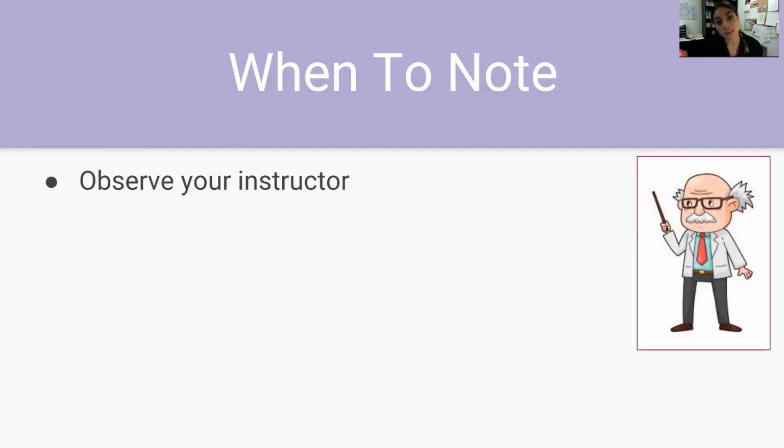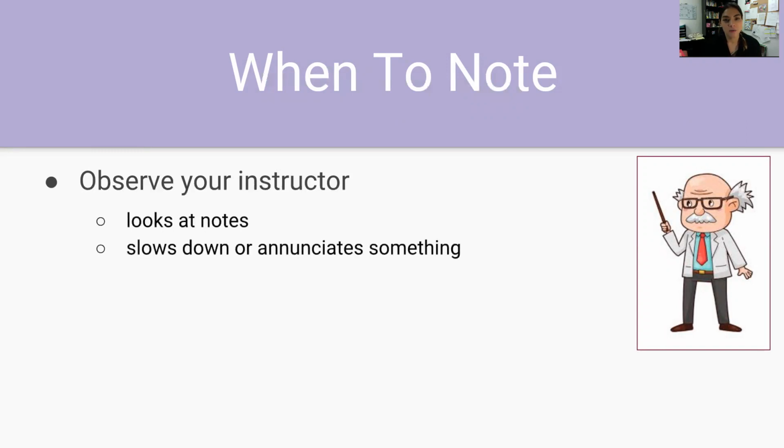It looks very different than me, but we will say that that's your instructor. What you want to observe when you're taking notes to know that these are important cues that I should be writing on my page is when your instructor looks at his or her or their notes.